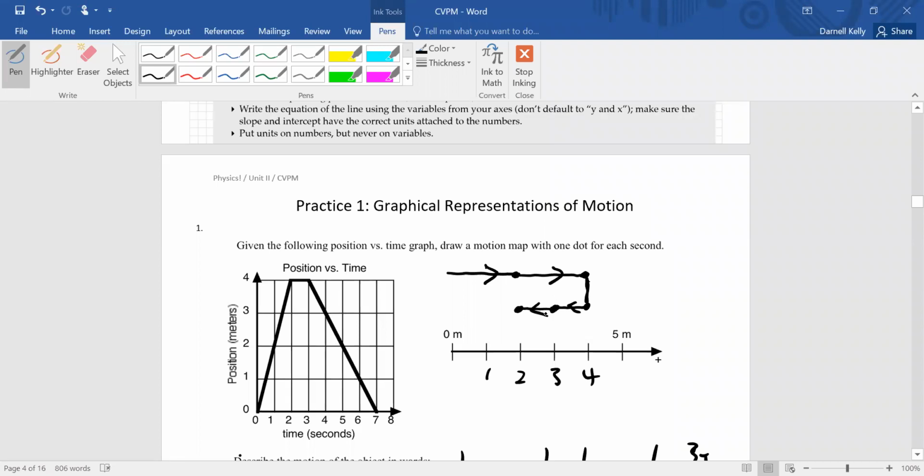And then from 2 to 1. And then 1 to 0. We represented the entire trip. So 1, 2, 3, 4, 5, 6 seconds, and the positions are below.